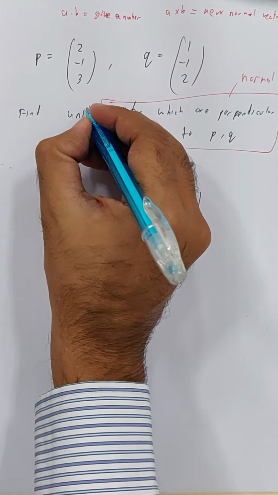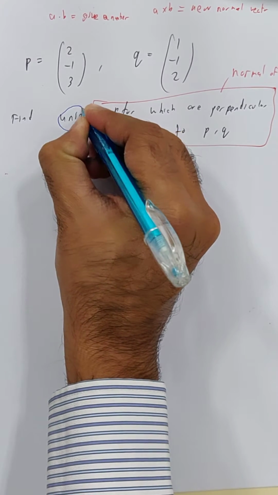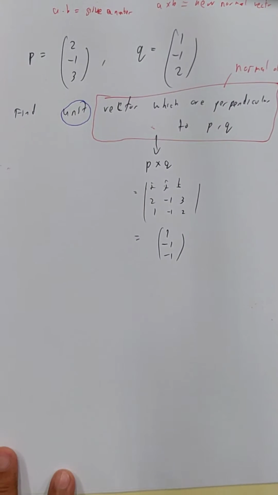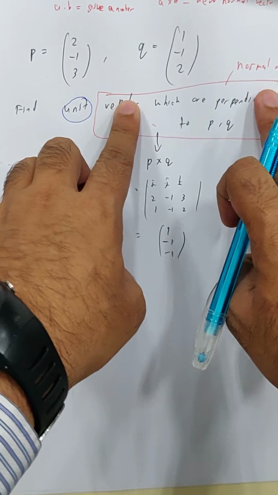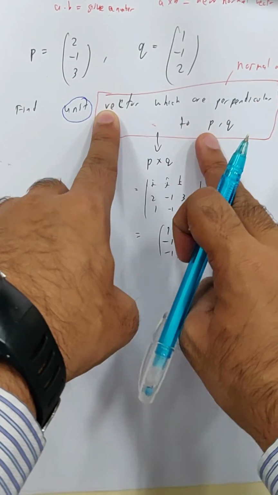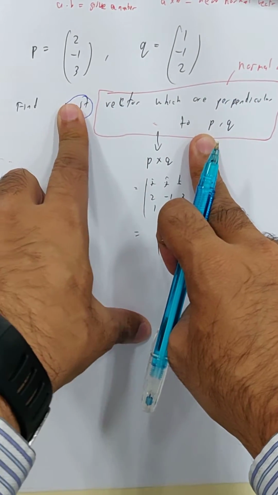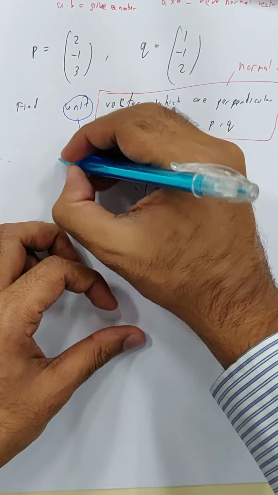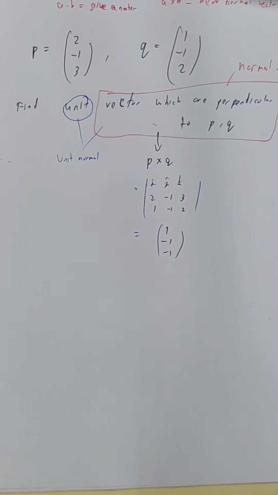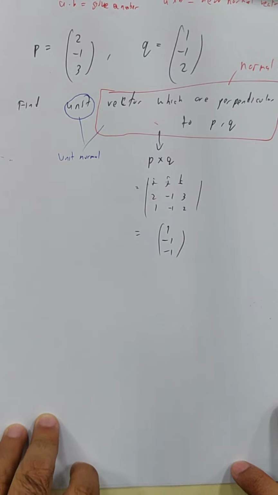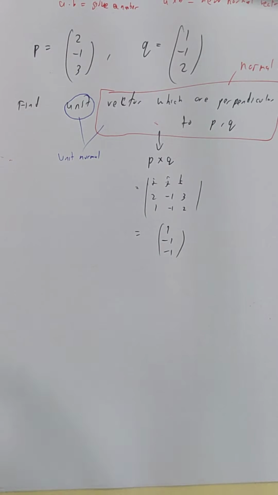Okay, now how do you calculate unit vector? So this thing just now, vector perpendicular to P and Q. So that means you want a unit normal. How do we calculate unit? What's the symbol of unit? We did go through just now.